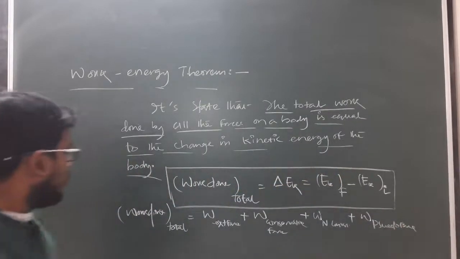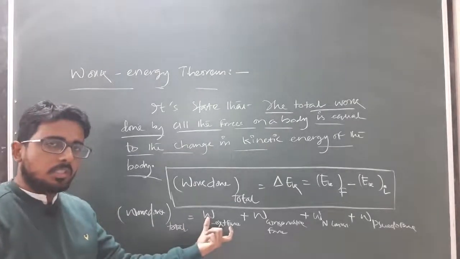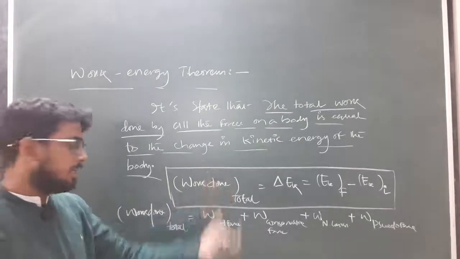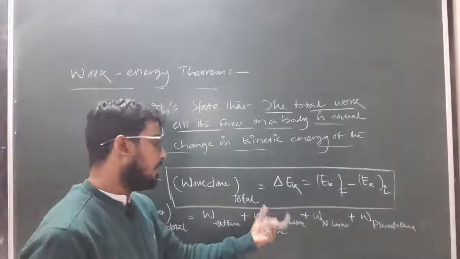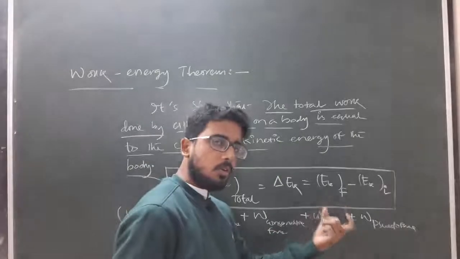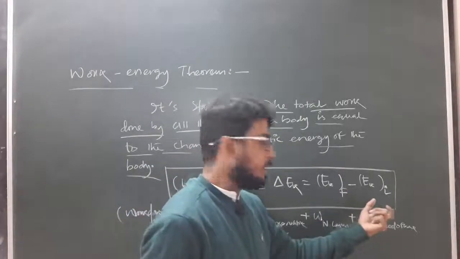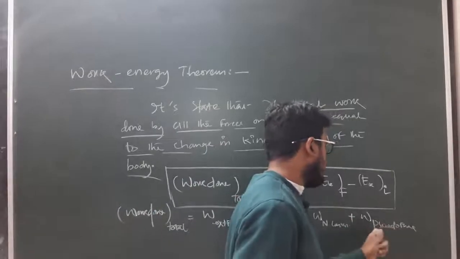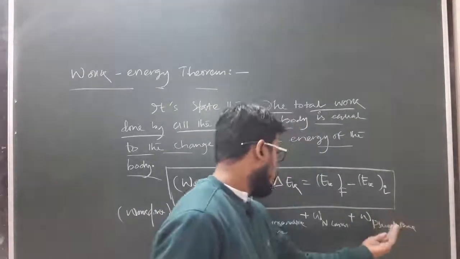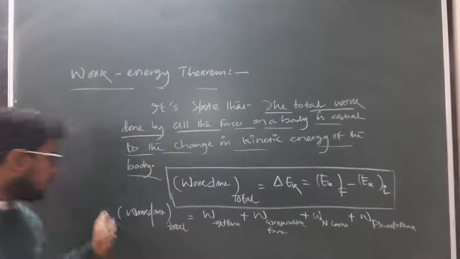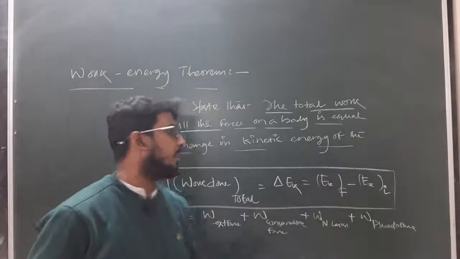So the total work done is due to any external force acting on the body, plus any conservative force, plus any non-conservative force, plus, if the body is in a non-inertial frame, any pseudo force. The work done due to the pseudo force also combines to give the total work done on the body, which will be equal to what? The net change in kinetic energy.